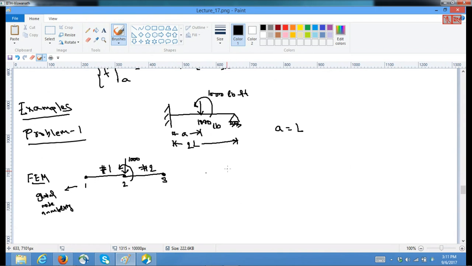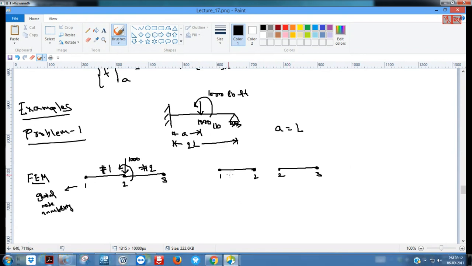So I can remove it and I can make this problem as, anyway, these two are the continuous node, but I have just simply shown it separately because this is element 1 and this is element 2, and the point load is acting because I can either show it on this element or completely on that element, because anyway it's the same node.